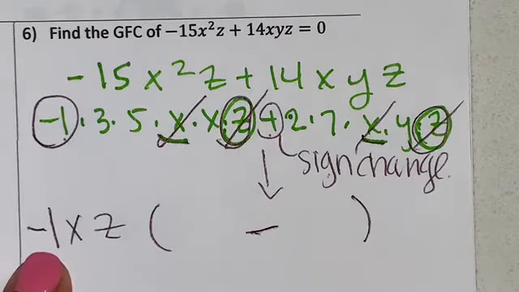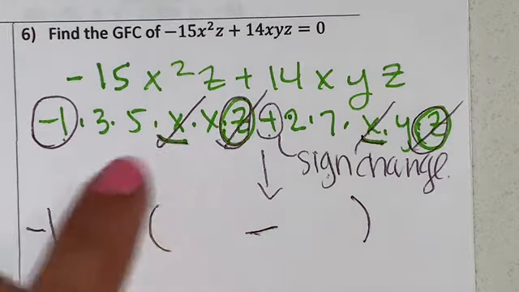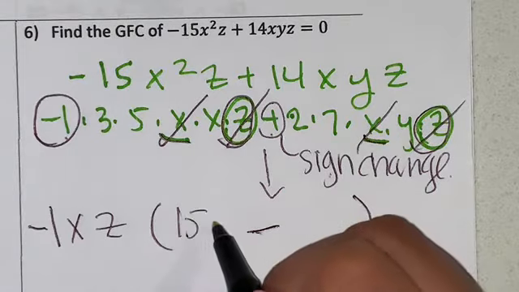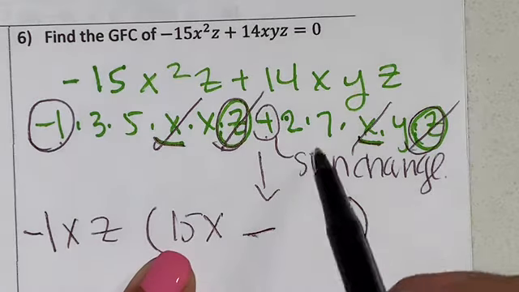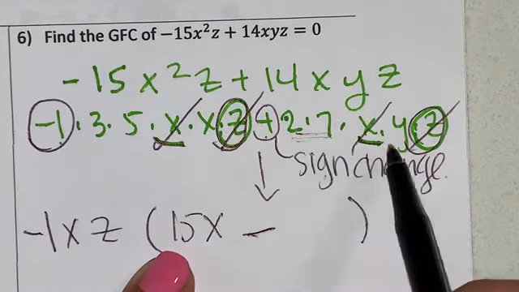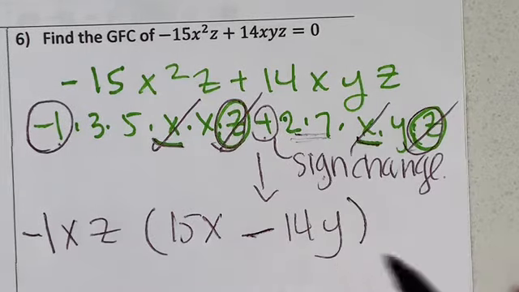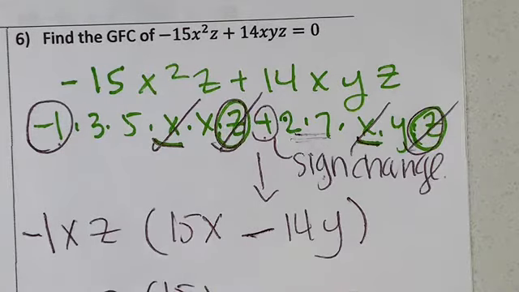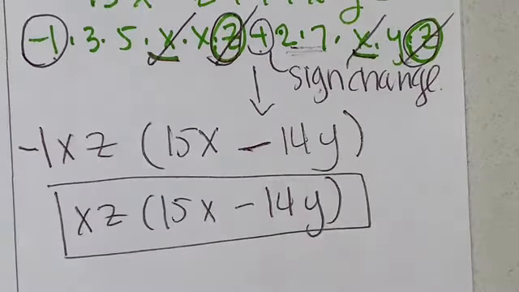I'm left with 15x, because I took out negative 1xz. I'm left with 14y. So if I simplify this, negative xz times 15x minus 14y. That's my solution. Oh, a negative.